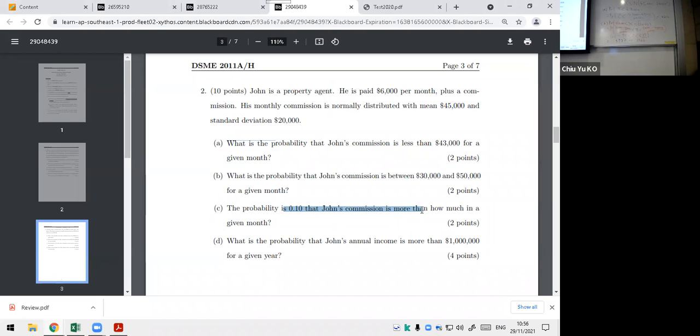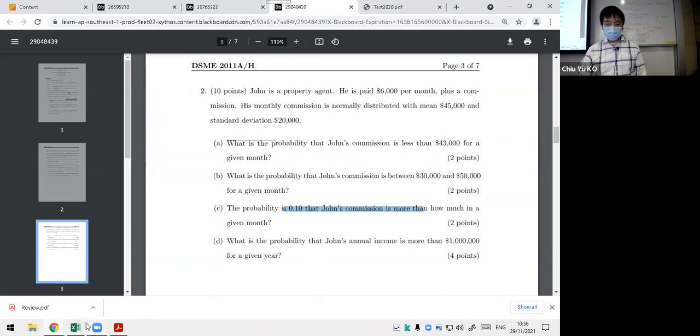Part C is asking the probability that the commission is bigger than some number, small x, is 0.1, right? So just to understand this, you draw this guy. You are looking at the tail area being 0.1.